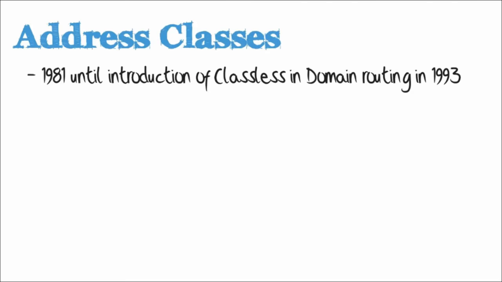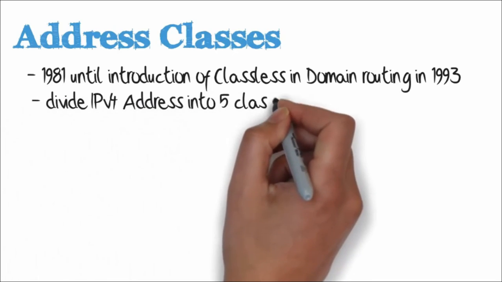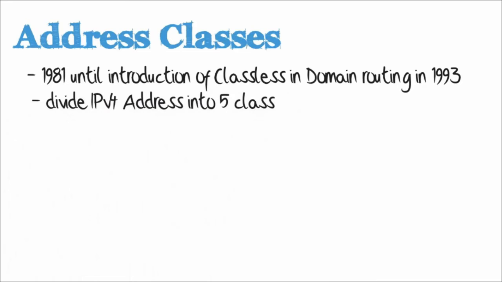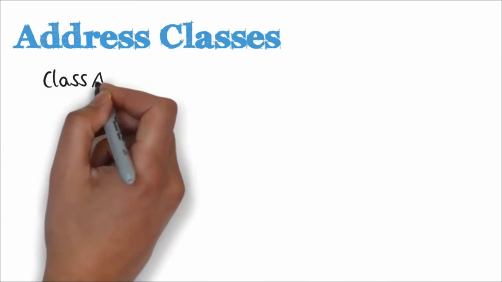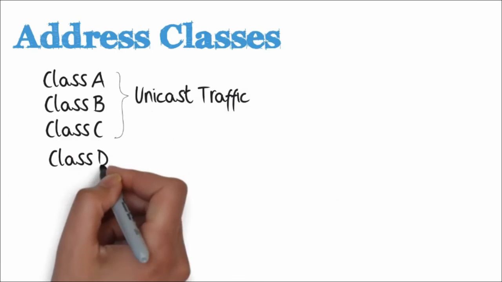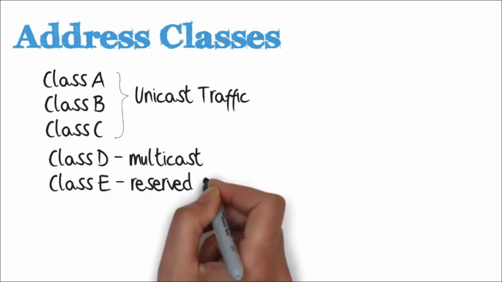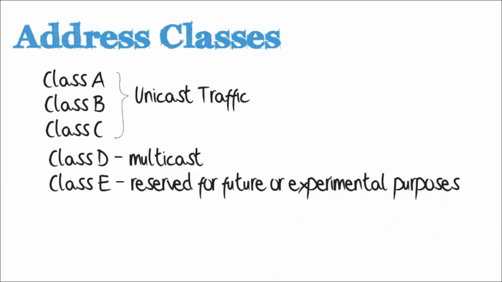Prior to 1993, address classes were used to divide the IPv4 address space into 5 address classes. The 3 that we're going to concentrate on here are class A, B, and C, which are used for unicast traffic. Class D is used for multicast, and Class E is reserved for future or experimental purposes.